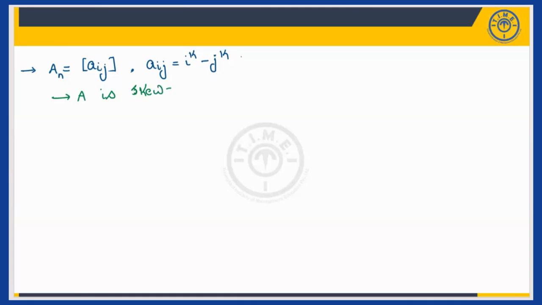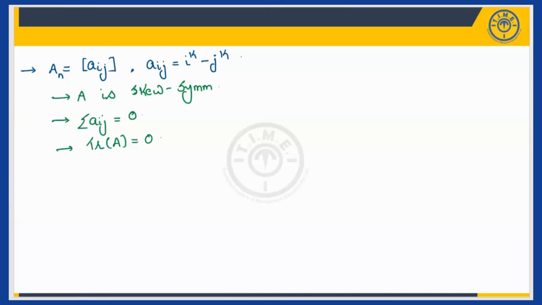And for any skew symmetric matrix, the sum of all the elements is always zero. And the trace of a skew symmetric matrix is always zero.